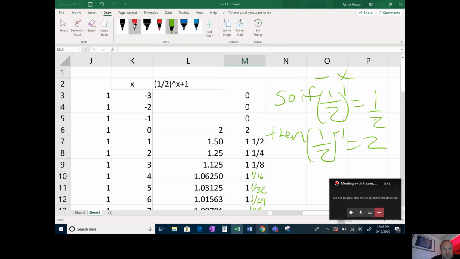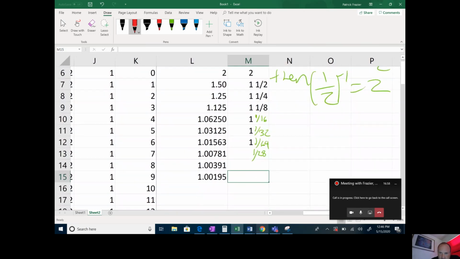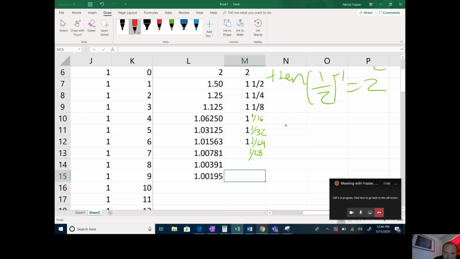And let me see if I can show you. Just pretend that there's a 1 underneath here. You don't see it, but it's actually 2/1. But 1/2 to the negative 1 power equals 2. And we're working with, let me go back to my green, 1/2 to the negative 1 power plus 1.